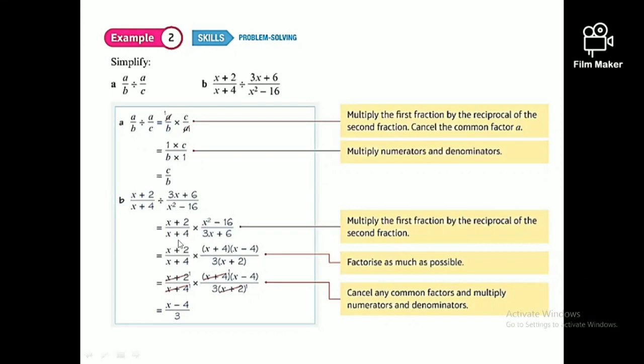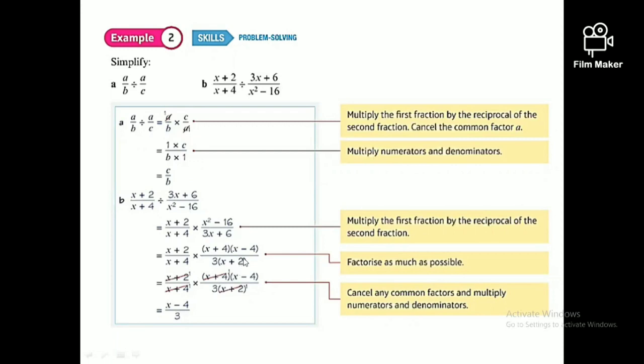Then we have to factorize the possible terms. x plus 2 and x plus 4 need no further factorizing. x squared minus 16, we know that is x squared minus 4 squared. You can write that as x plus 4 times x minus 4, the difference between two square numbers. Then 3x plus 6, you can take 3 out. Then the remaining term is x plus 2.